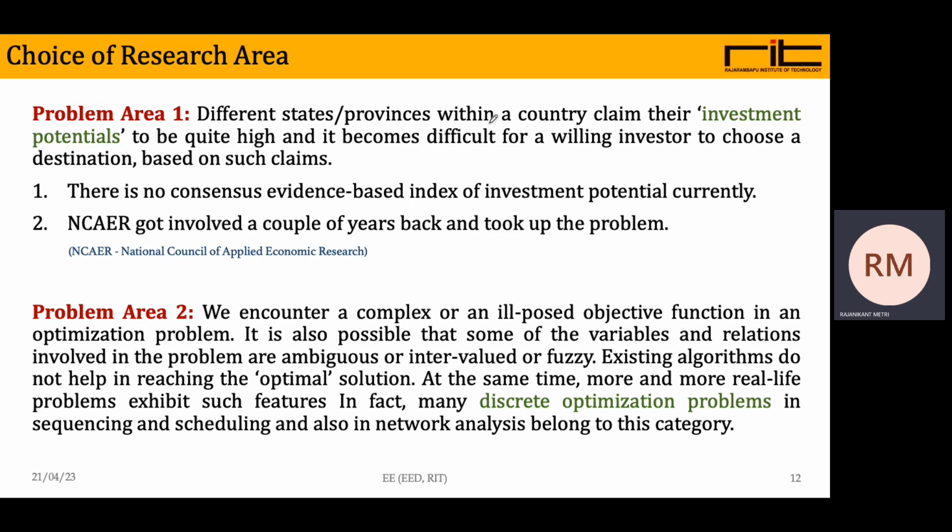Different states or provinces within a country claim their investment potentials to be quite high, and it becomes difficult for a willing investor to choose a destination based on such claims. Say, for example, in India, a foreign investor wants to invest, but doesn't know which state or which place is feasible for him.